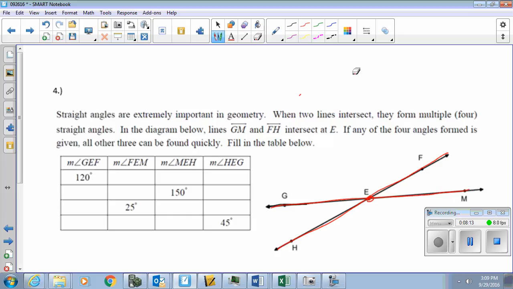So fill in the table. So this is kind of like problem number 1. I'm using the same diagram, but let's just say you're given one of the different angles.